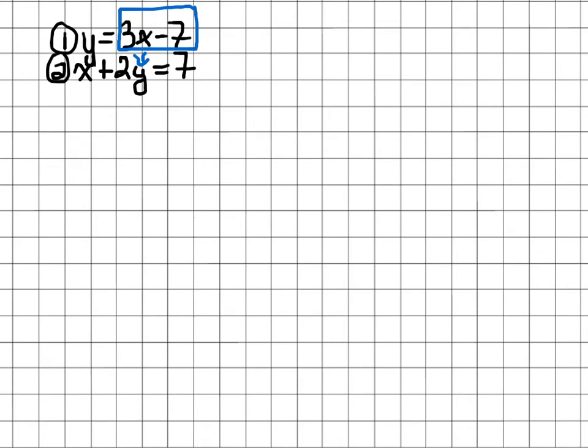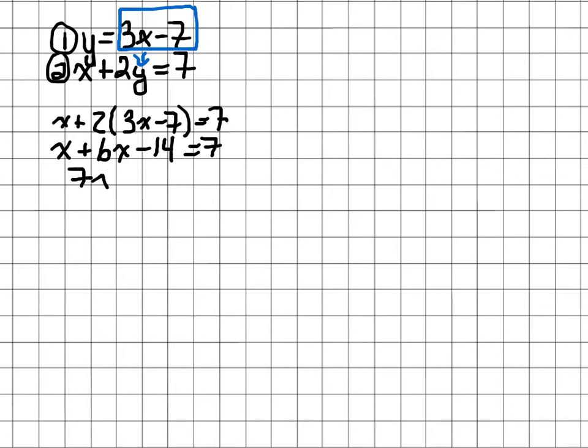So I will end up with x plus 2 times (3x minus 7) equals 7. I need to expand, so I have 6x minus 14 equals 7. So I have a total of 7x minus 14 equals 7.